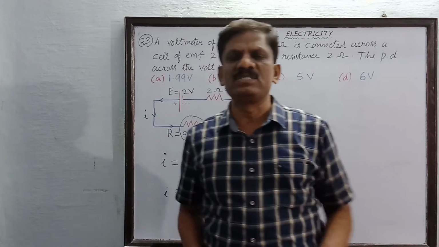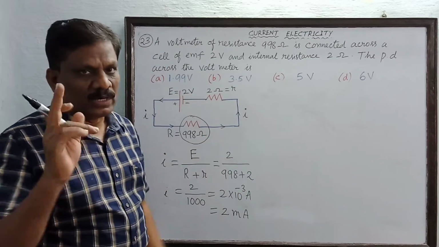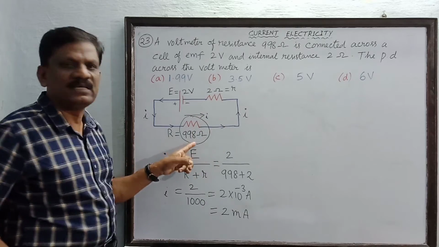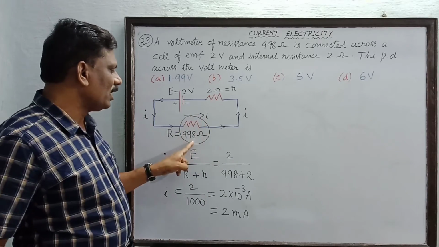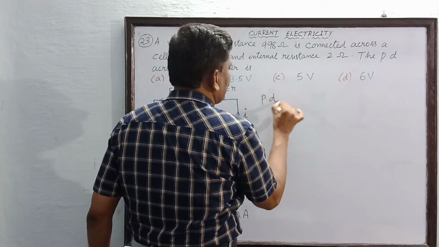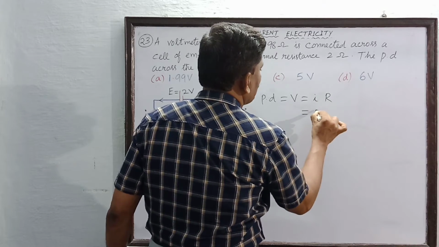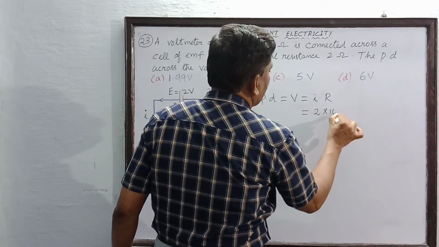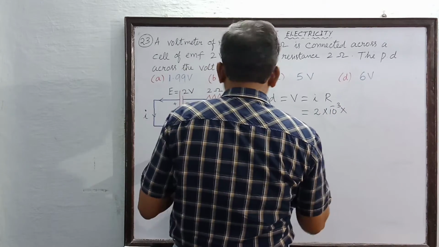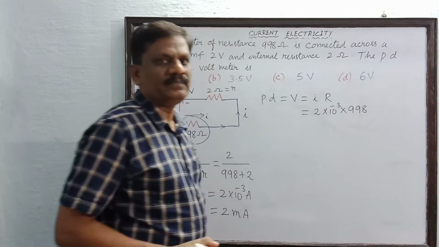Now there are two methods to find the potential difference across the cell. One is the current I into R. The current flowing through this resistor is I ampere. So I into R must be equal to the potential difference directly. So the potential difference V is equal to I into capital R. This is equal to 2 into 10 to the power of minus 3 multiplied by 998.